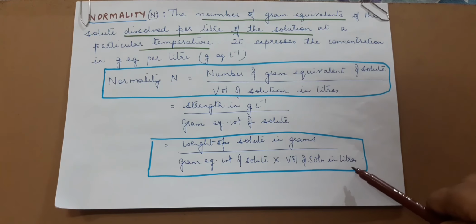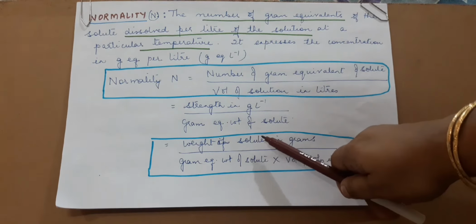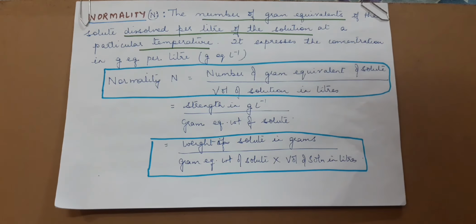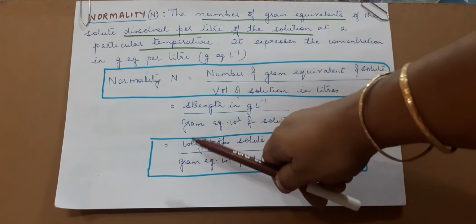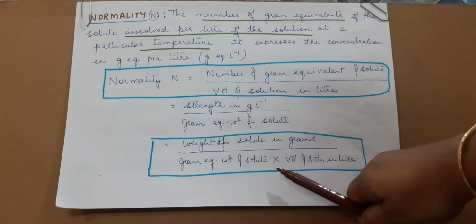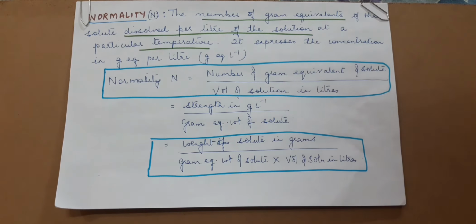So we have weight of the solute in grams divided by gram equivalent weight of the solute into volume of solution in liters. So that is normality.